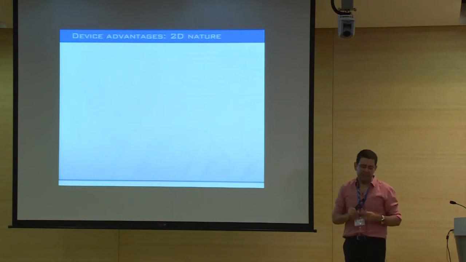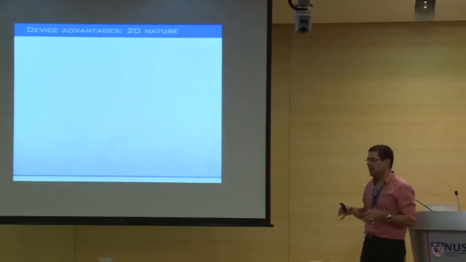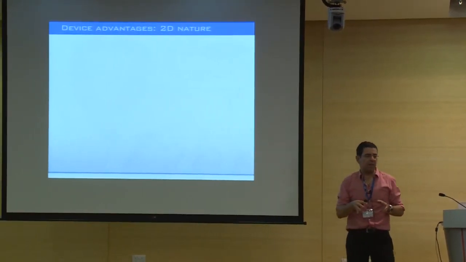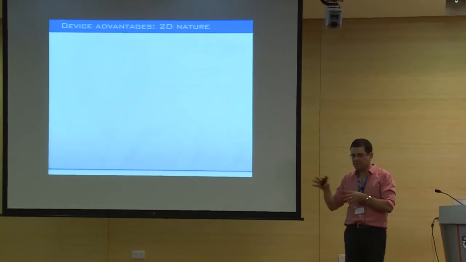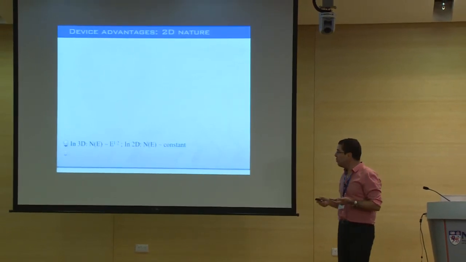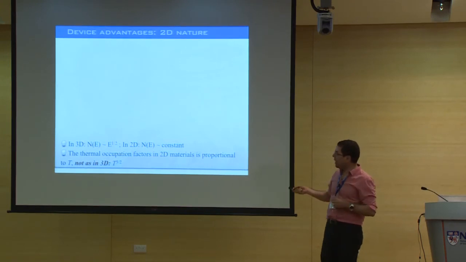Now, an advantage, which I have not seen in the literature yet: everybody talks about semiconductors in 2 dimensions as being equivalent to semiconductors in 3 dimensions, but there is one effect that is different, the density of states. In 3 dimensions, at the edge of a band, the density of states goes like the square root of energy. But in 2 dimensions, it's a constant.